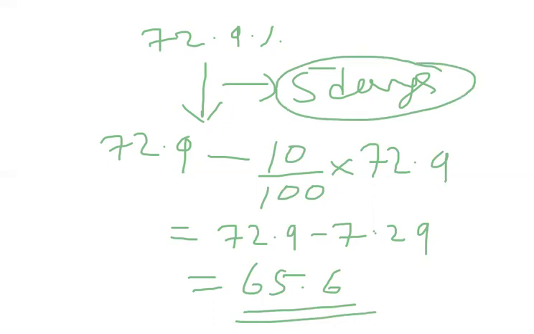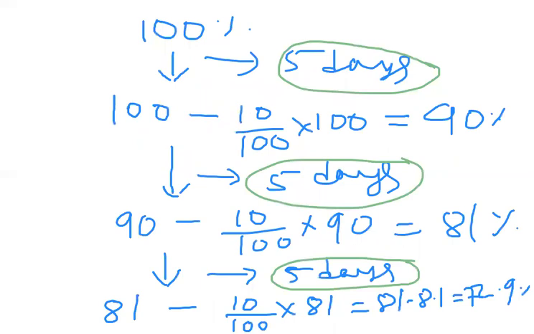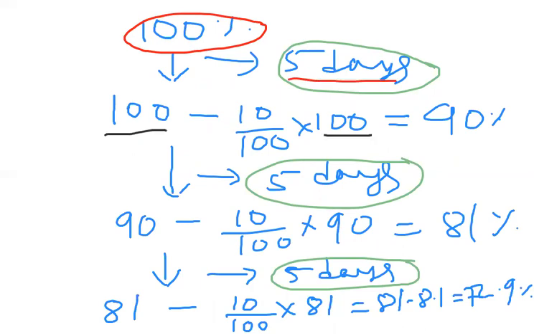Observe carefully, beta. First 100%. In 5 days, what will happen? In this 100, 10% is gone. So we are left with 90%. Again in this 90, 10% will go. 10 by 100 of 90, that means 90 minus 9.